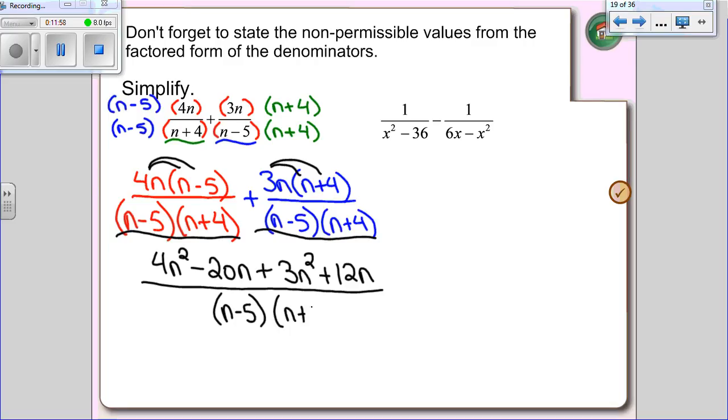Distribute. So you're adding these things together, right? That addition sign is still right there in between them, and you're adding them together. So this first thing became these ones. The second one became these ones.